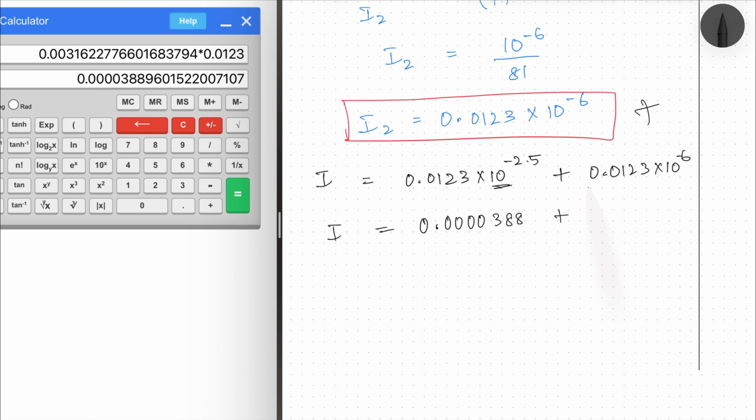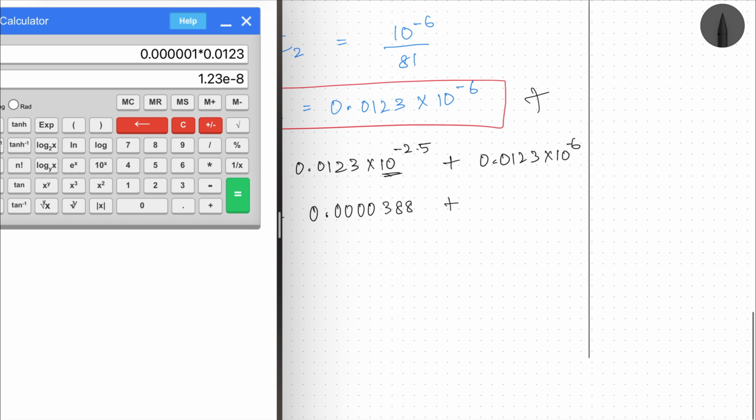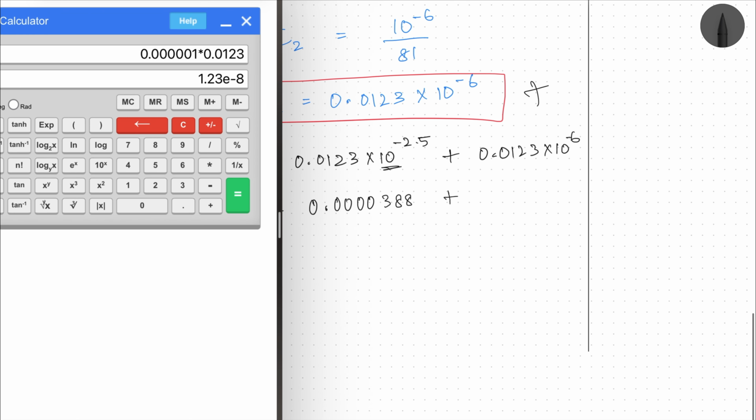And again, let's simplify the next part of it. 10 to the power bracket minus 6 gives you 0.001, and again you multiply this by 0.0123, gives you 1.23 into 10 to the power minus 8. Okay, so this means there is like 8 decimal points before you reach the one value.